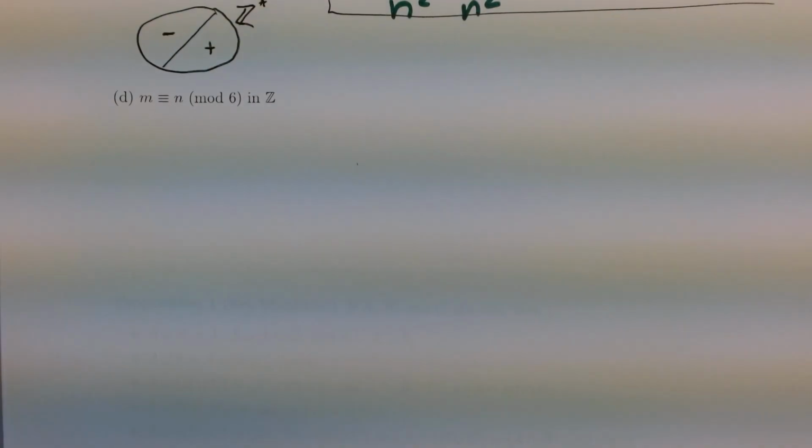And our last example is finally going to be an equivalence relation without any amending like we did in the last one. So m and n are related to each other if they're congruent mod 6. Let's first remind ourselves what that means.